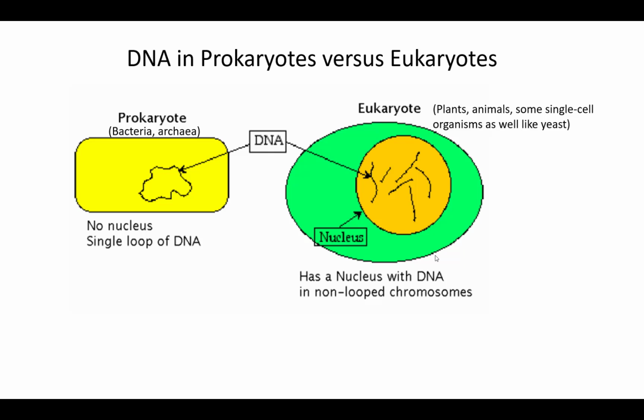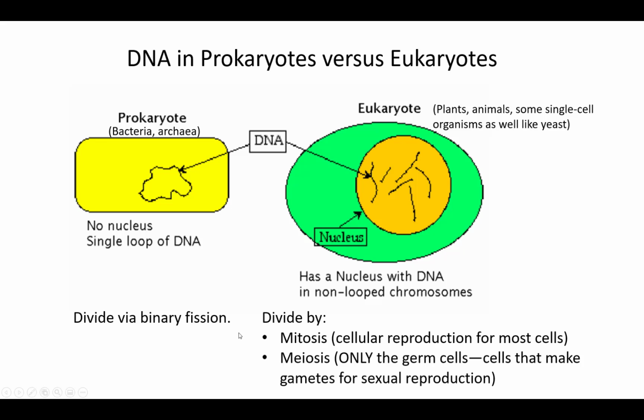One thing I'll just highlight now is that eukaryotic cells do in fact have a small amount of DNA that is found in their cytoplasm. There are small chromosomes that are found within the mitochondria of eukaryotes and also chloroplasts in plants.